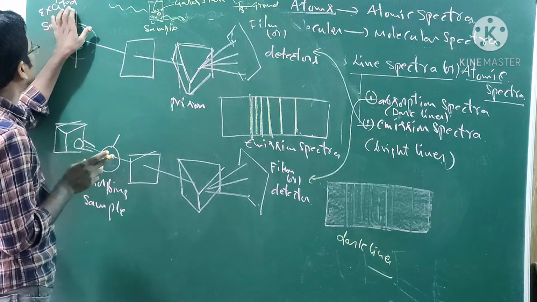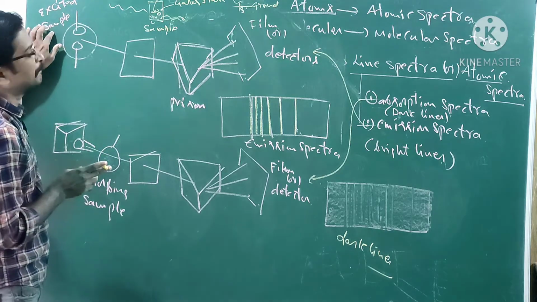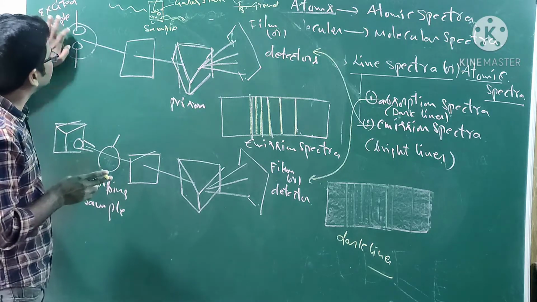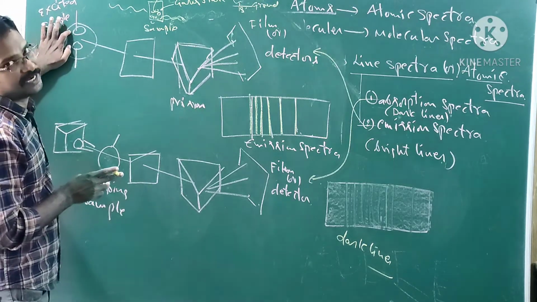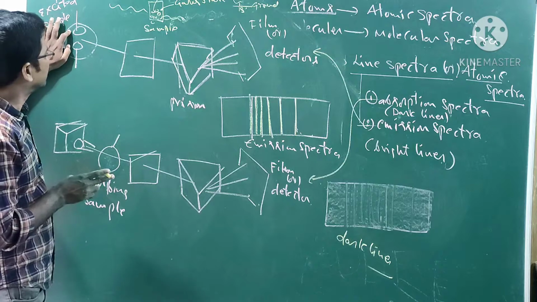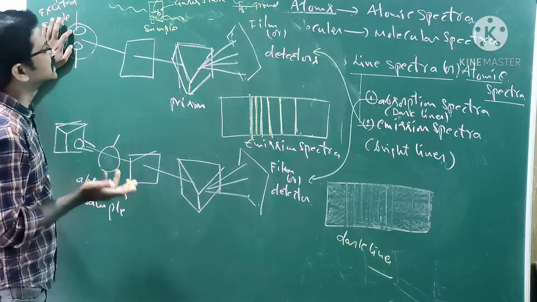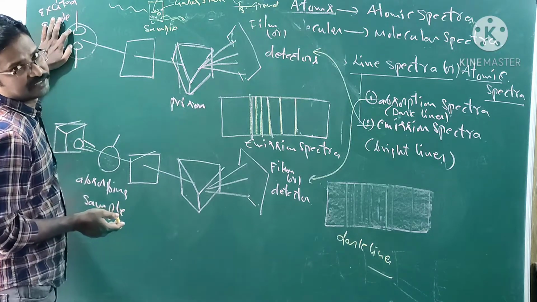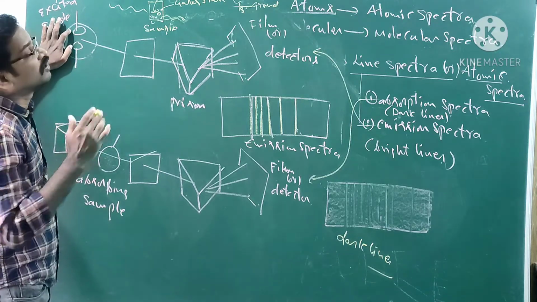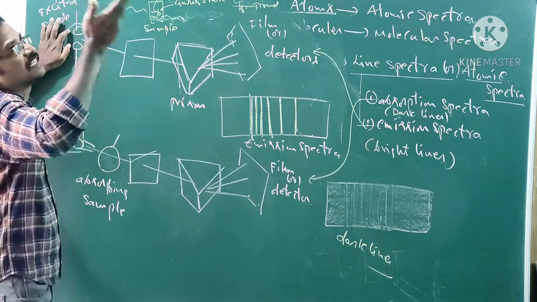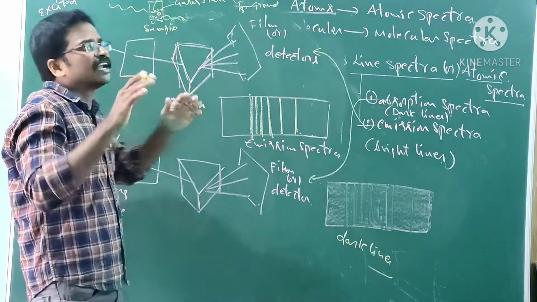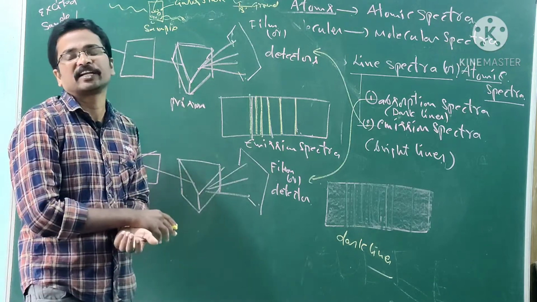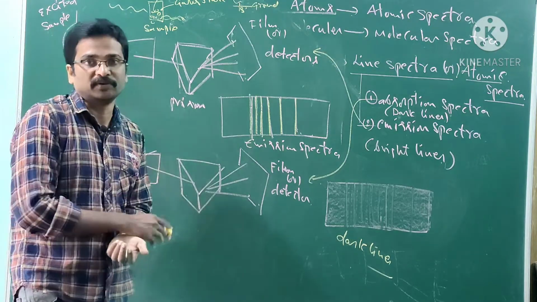That is the reason why they have taken an excited sample. This sample has already absorbed the radiation. Then what does it do? It emits the radiation. Any electron that goes to a higher energy state cannot be stable. It cannot live there, so it comes down.